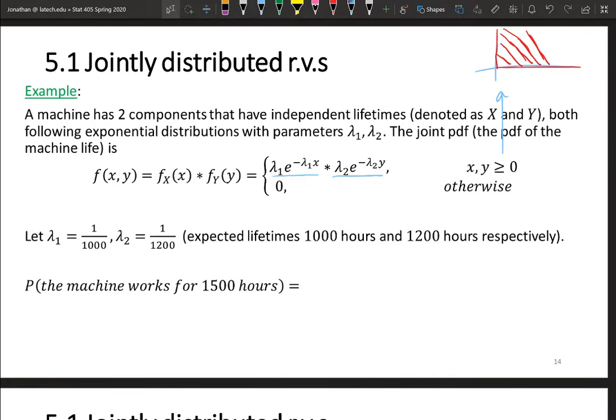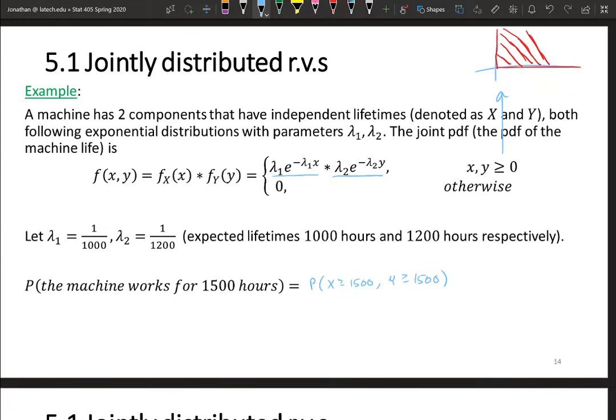So what is the probability the machine works for 1,500 hours? Well, that means both components have to work for 1,500 hours, right? So that means the probability that x is greater or equal to 1,500 and y is greater or equal to 1,500.